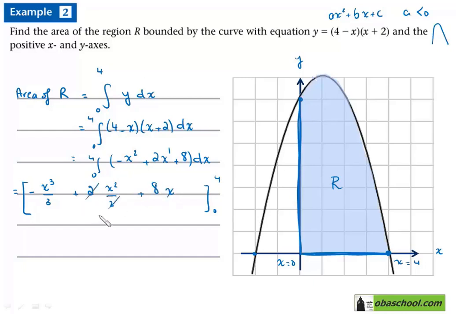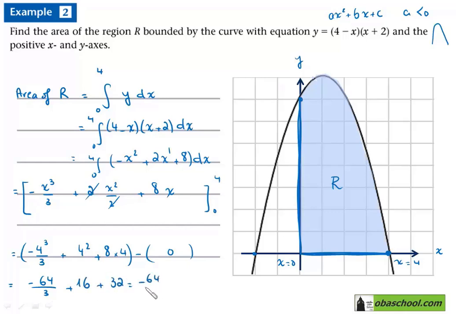We simplify 2 with 2 and we substitute the values. Minus 4 cubed over 3 plus 4 squared plus 8 multiplied by 4, minus, now we look at the second value, all the terms have x, so it is equal to 0. Minus 64 over 3 plus 4 squared is 16 plus 32.